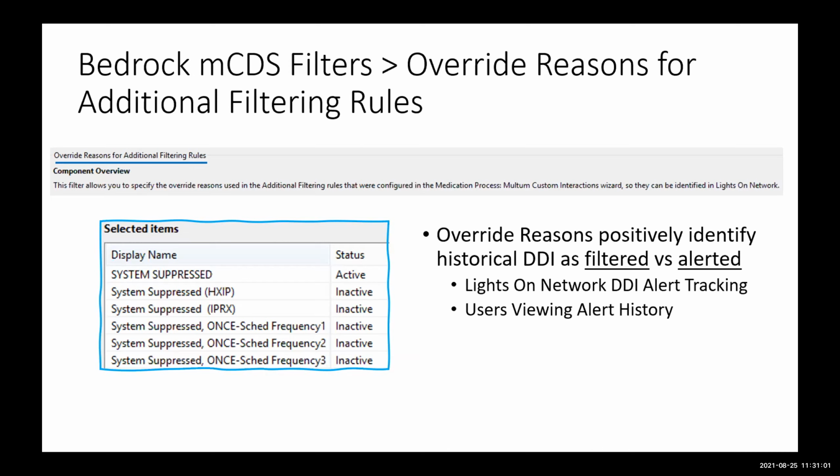Although the system suppressed, it really applies to our MCDs filter rules. We'll eventually split that out as well. But that's important to fill this filter with all of your system suppressed filtered override reasons so that the Lights On data will be accurate. It's also important to have really detailed reasons for users who view alert history on patients' profiles to know that it actually didn't fire. It's important too.